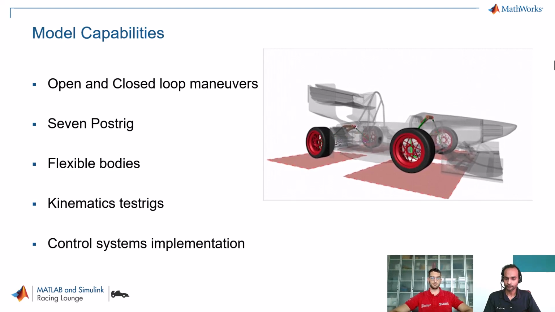Other than that, we also have flexible bodies that allow us to understand how compliances actually modify the car behavior. And thanks to that, it is also possible to implement kinematics test rigs, where we can see the dynamic angles of the suspension and how every component is actually working.